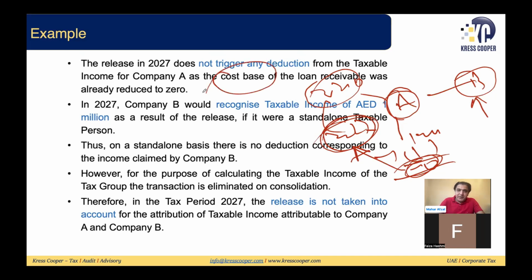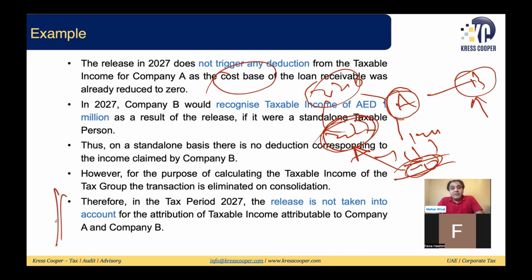Company B would recognize the taxable income of 1 million as a result of the release. It will have a standalone taxable income. Thus, on a standalone basis, there is no deduction corresponding to the income claimed by B. There is no corresponding impact. Therefore, in 2027, the release is not taken into account.